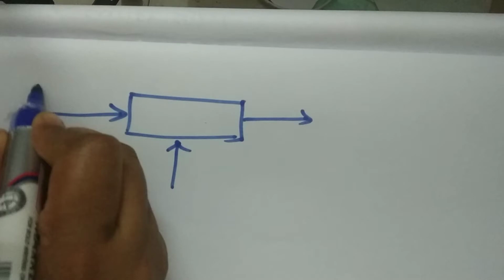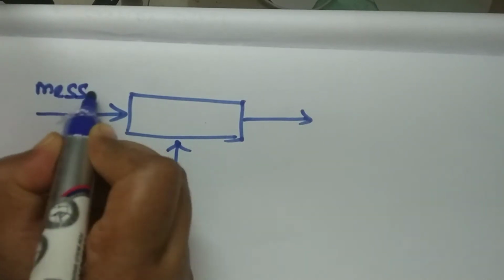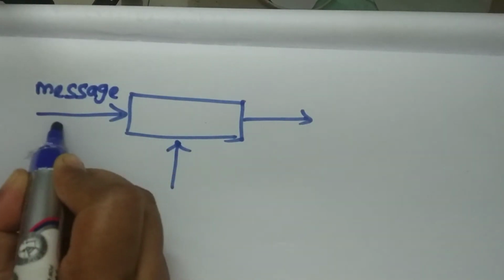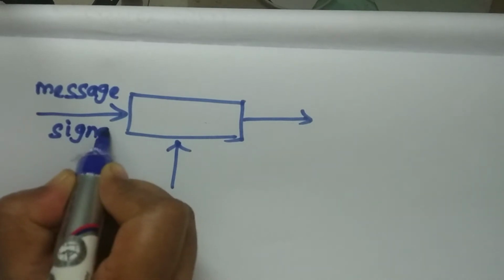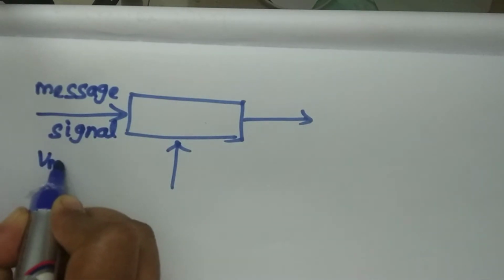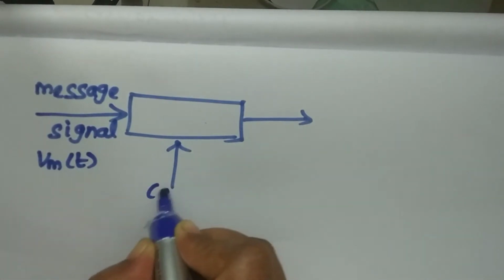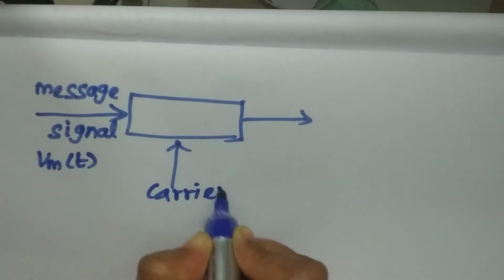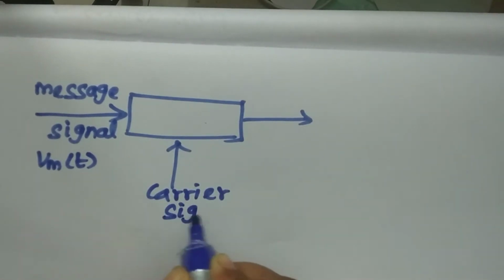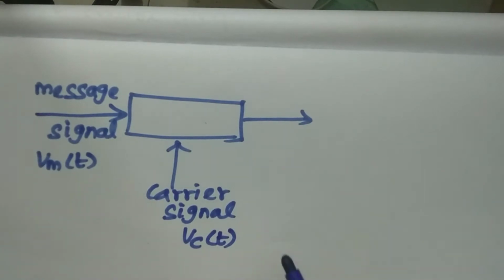This is the message signal, Vm of t. This is the carrier signal, Vc of t.